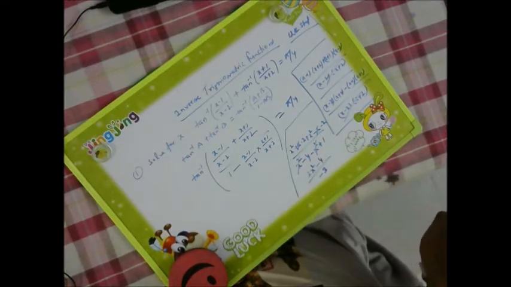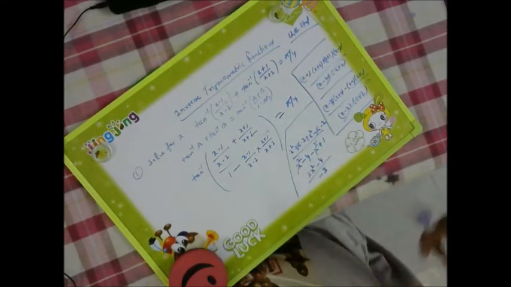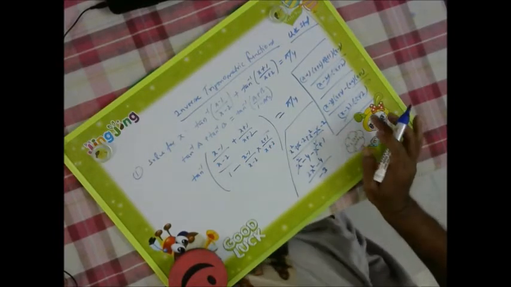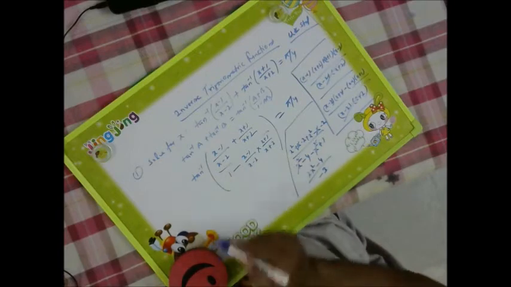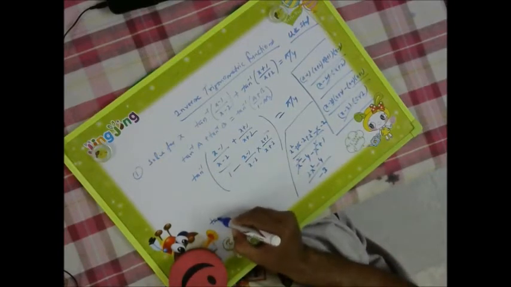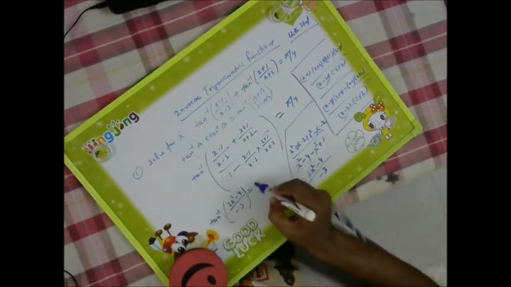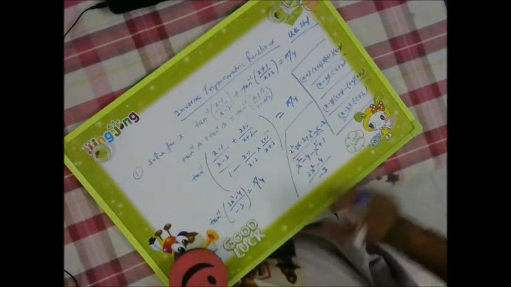So 2x square minus 4, divided by minus 3. So this expression will become what? Tan inverse of (2x square minus 4) divided by minus 3 is equal to pi by 4, right?